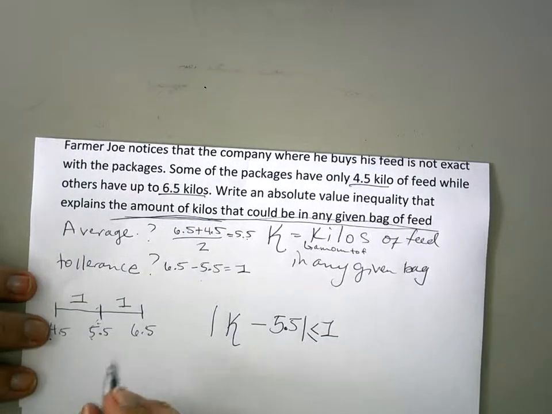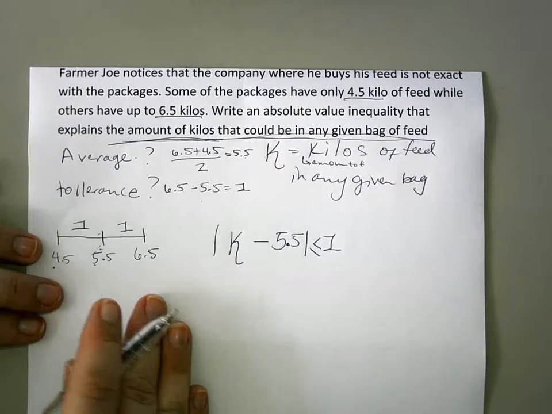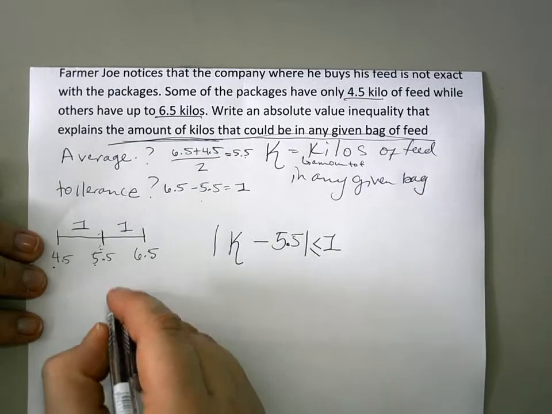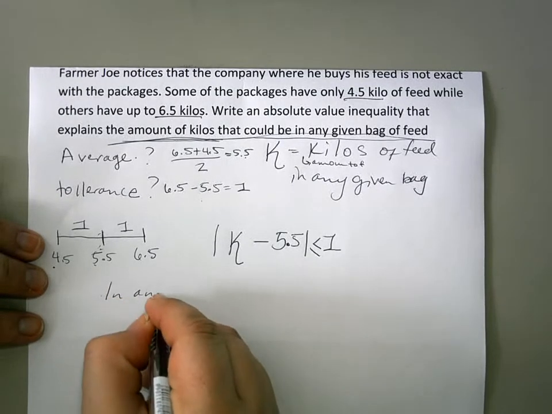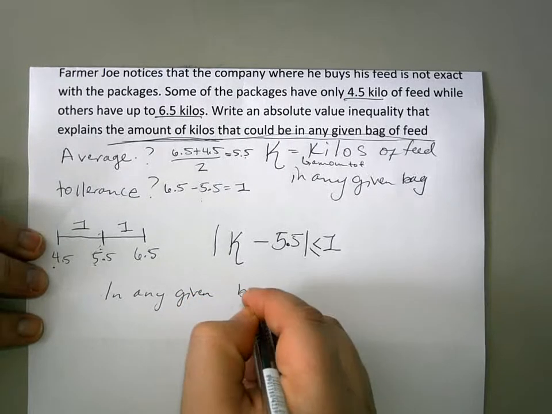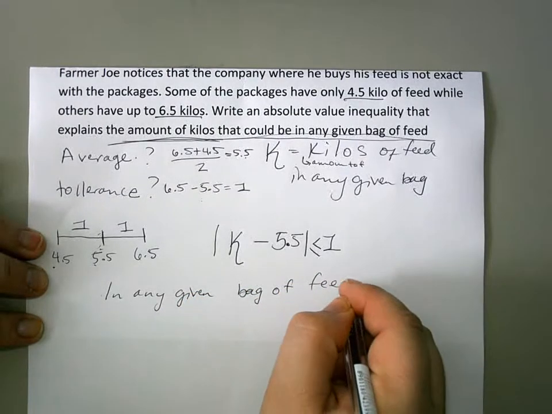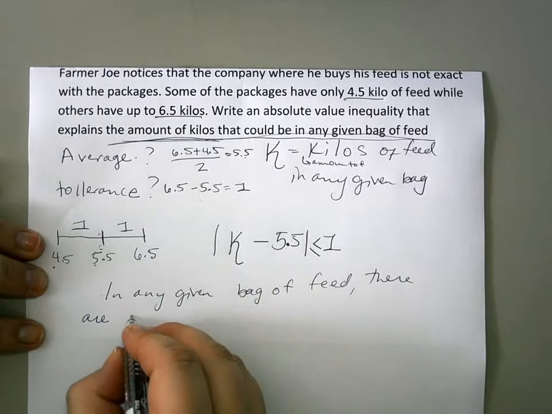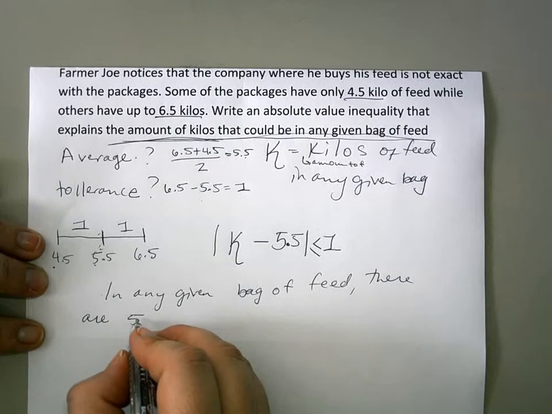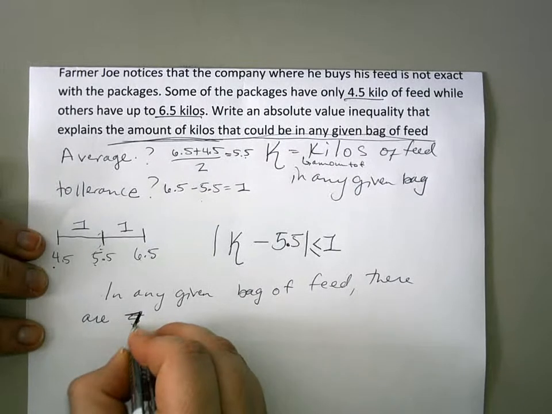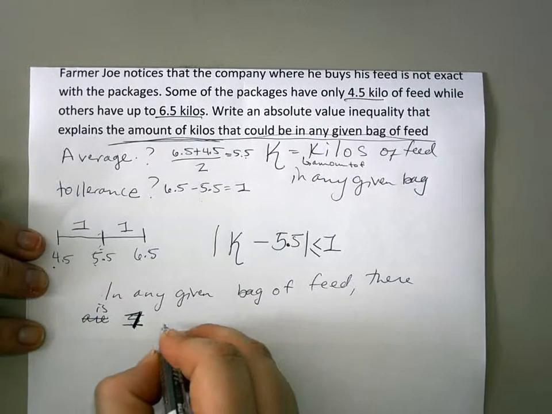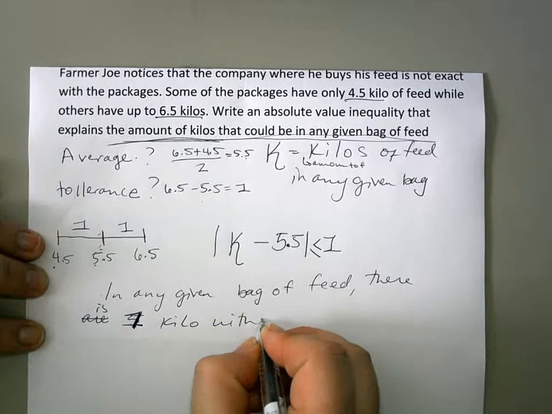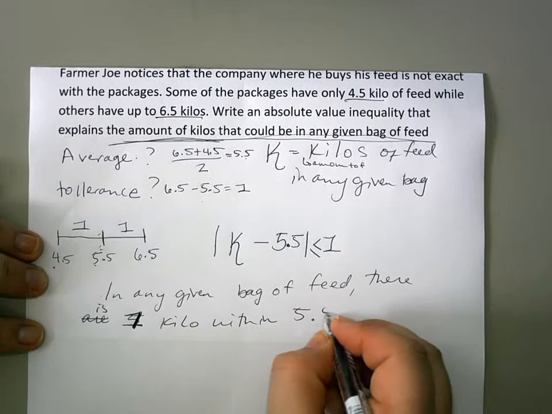You could actually write that out as a sentence. I don't necessarily have you do this on the test, but let's just write it out so we get an understanding of it. In any given bag of feed, there are 1 kilo within 5.5 kilos.